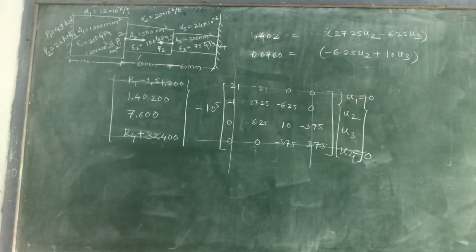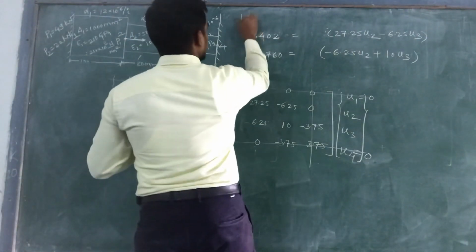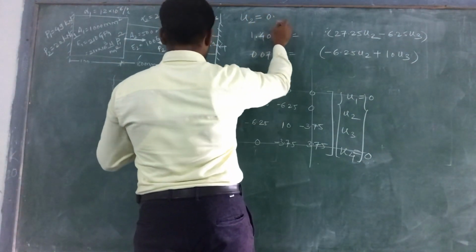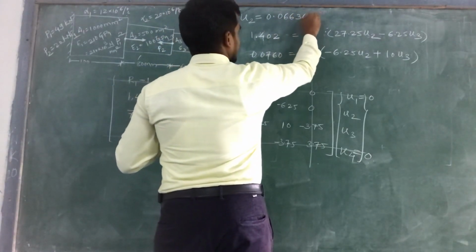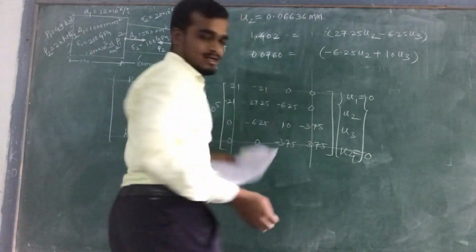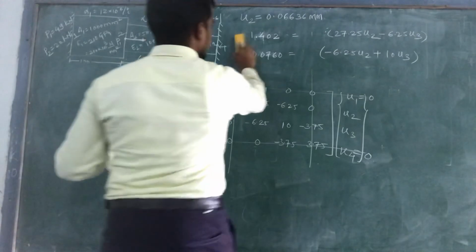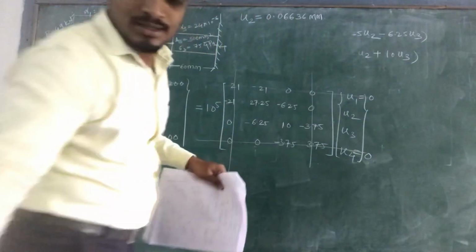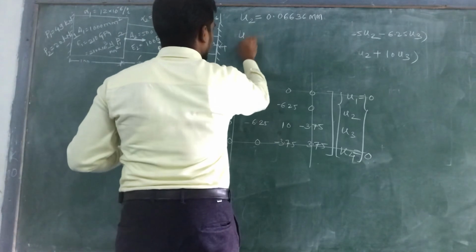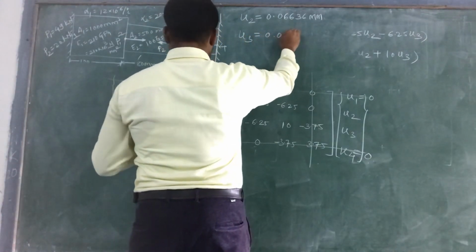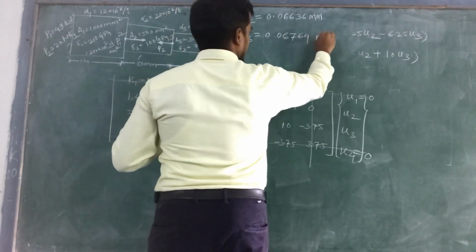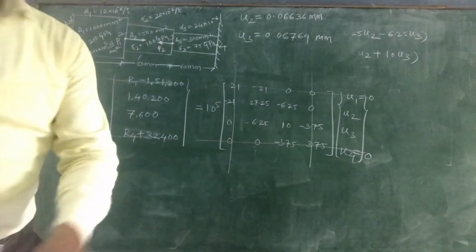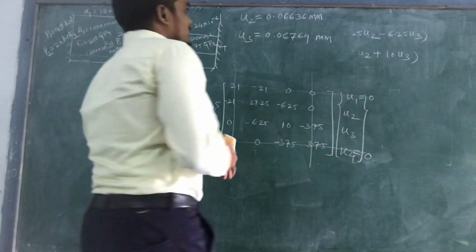So the value of u2 is equal to 0.06636 mm and u3 is equal to 0.06769. So in this way you will get the displacement values.